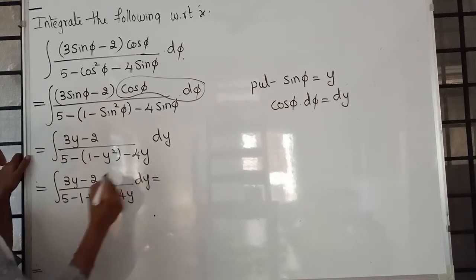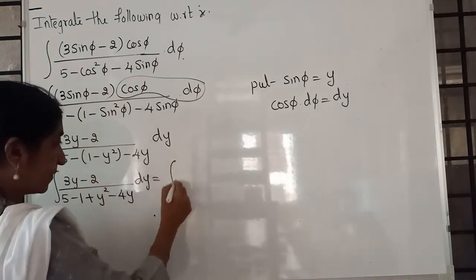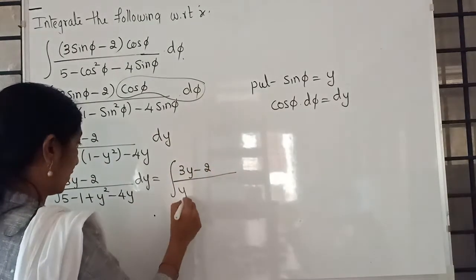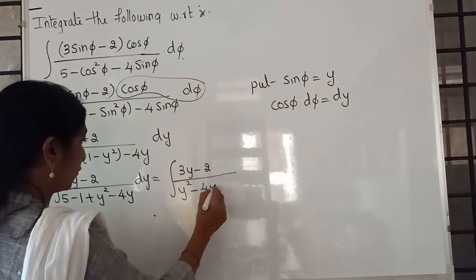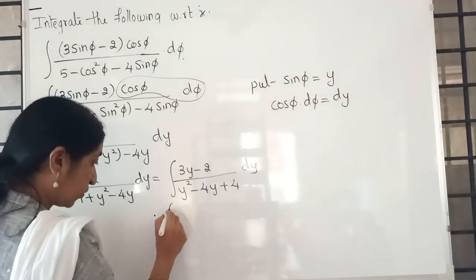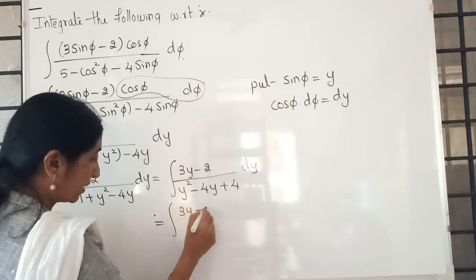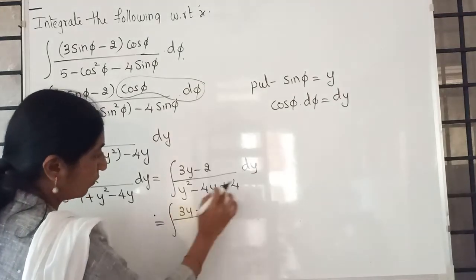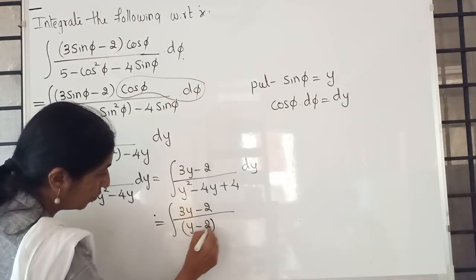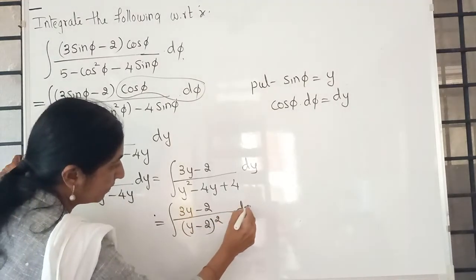Yes, what is the answer? 3y minus 2 divided by y square minus 4y plus 4. So again, if you are thorough in the algebraic expressions, can you tell me the simplified form of the denominator? Yes, it is nothing but y minus 2 whole square.